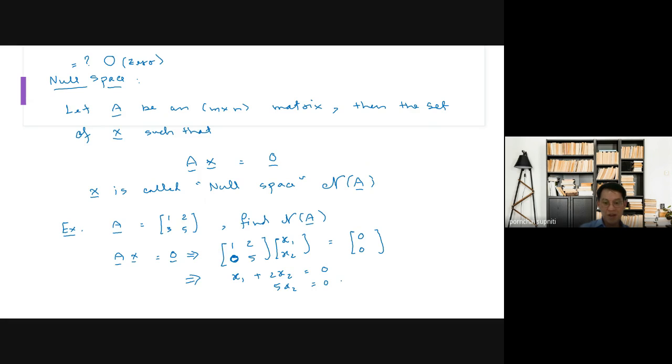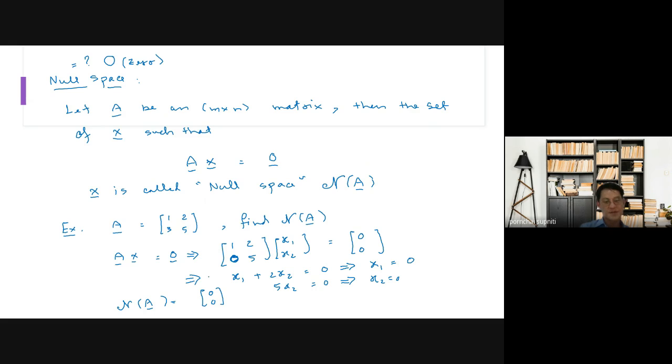In this case, you find that x2 is 0, and if x2 is 0, it means x1 is also 0. So in this case there's only one solution, so the null space of A is equal to 0.